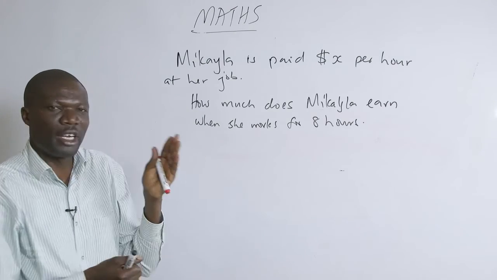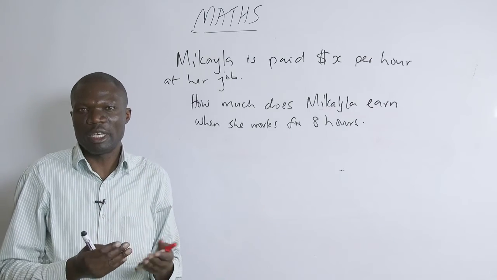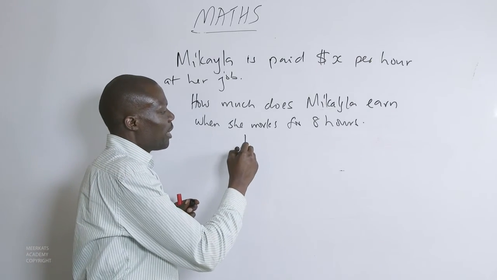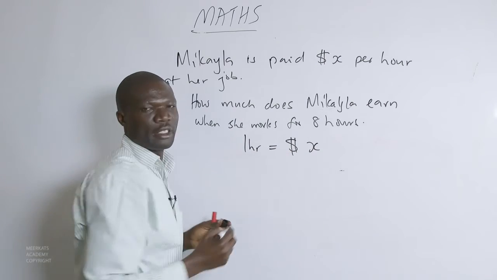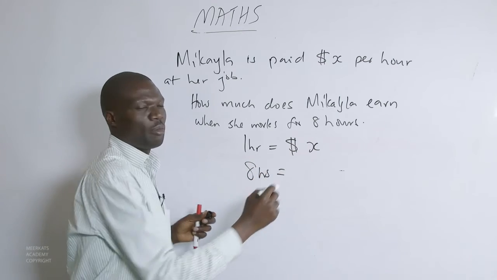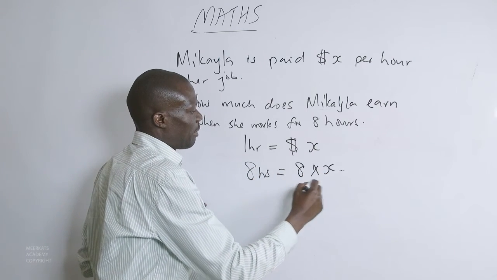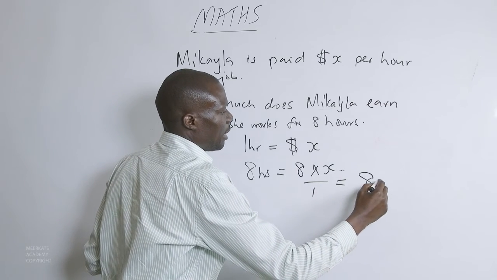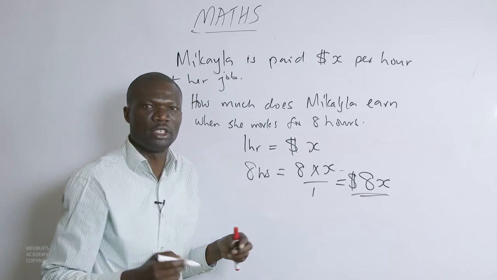Now, we need to relate the number of hours and the rate at which she is paid per hour. So in this question, for 1 hour, she earns x dollars. So if she works for 8 hours, she'll earn 8 multiplied by x divided by 1, which is equivalent to 8x dollars.